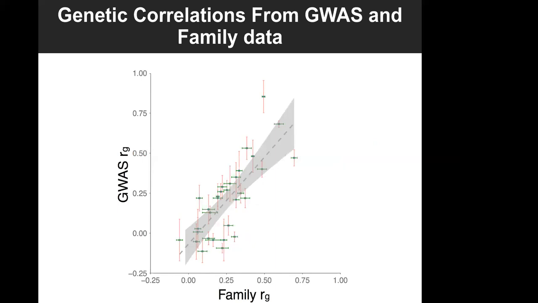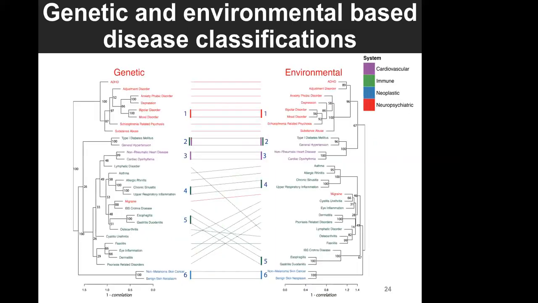So with these correlations, one natural thing we can do is cluster them based on different correlation patterns. Here is the classification we derived from the genetic correlation versus environmental correlation.